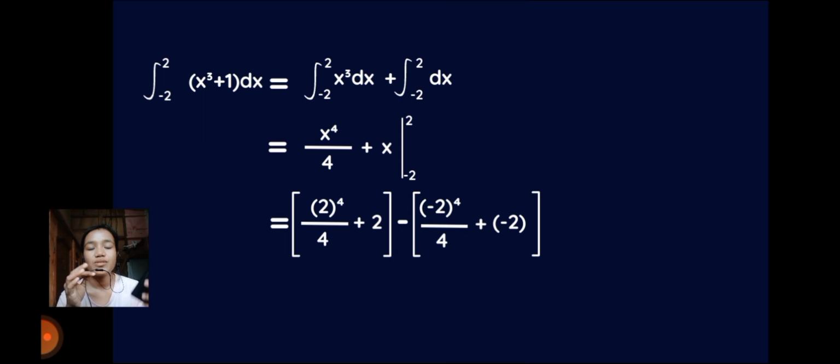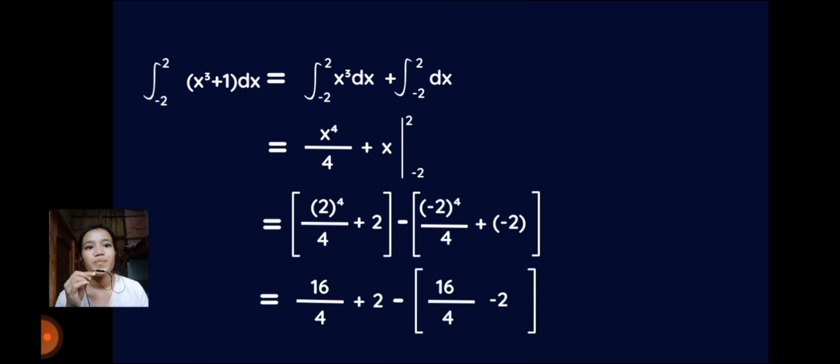Then after that is ito na siyang i-solve. So 2 raised to 4 is 16 over 4 plus 2. Then sa second pod is -2 raised to 4 over 4. The answer is 16 over 4. Then, since positive, then -2 is ato lang siyang using the rule of integer. Yes. So the answer is -2.